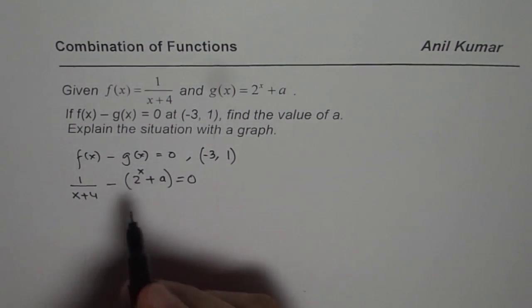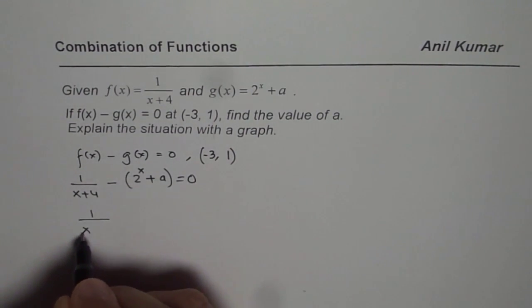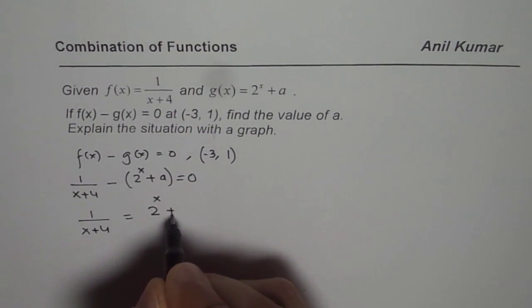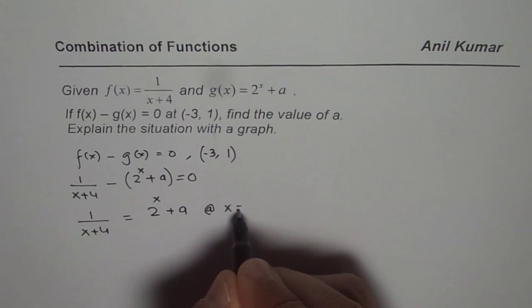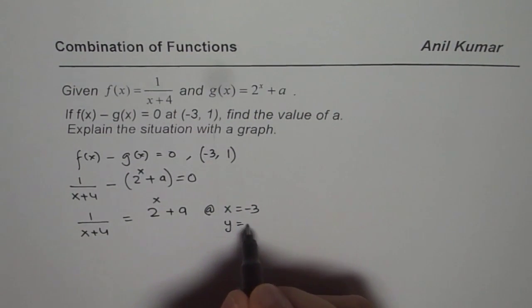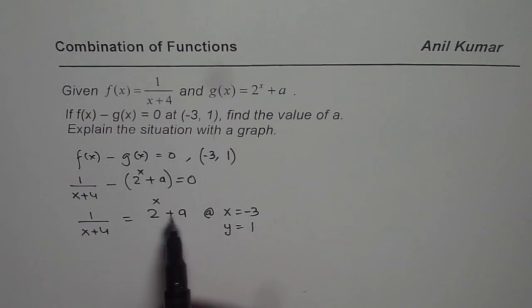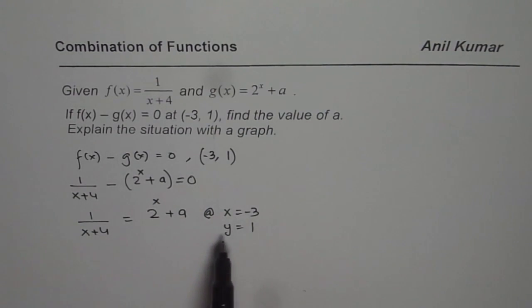So 1/(x+4) should equal 2^(x+a) at x = -3, and at that point the y value should be 1. That's what it means. To find the value of a, I can substitute x as -3 and check for y equals 1.